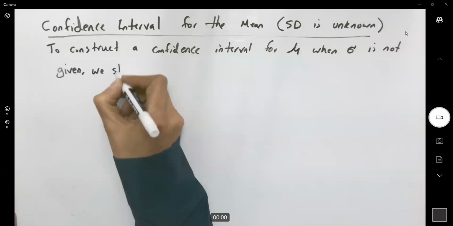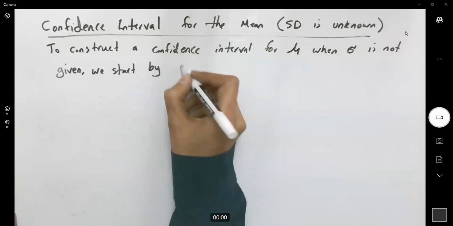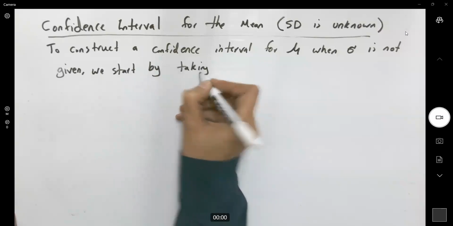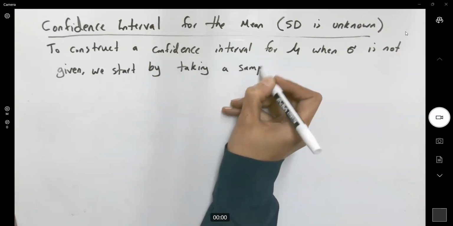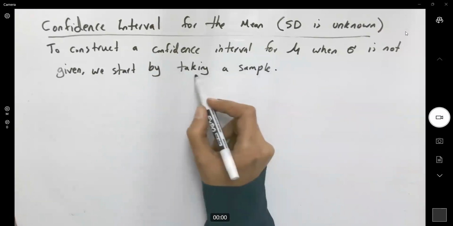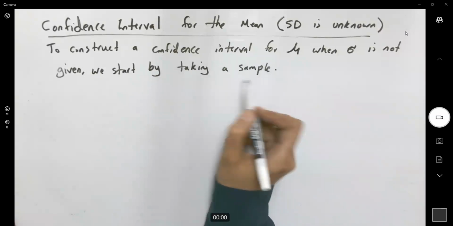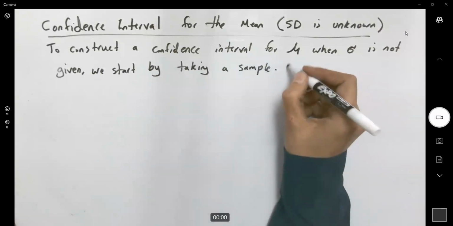We start by taking a sample as usual. We need the sample no matter what. We take the sample, we find the mean of the sample.